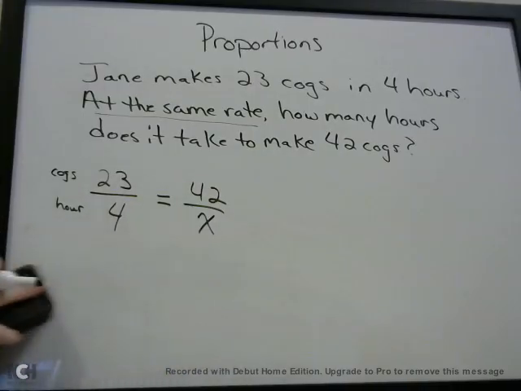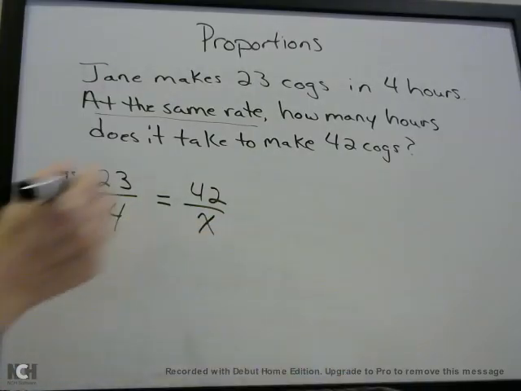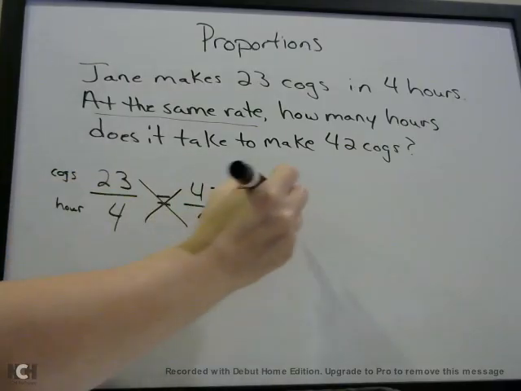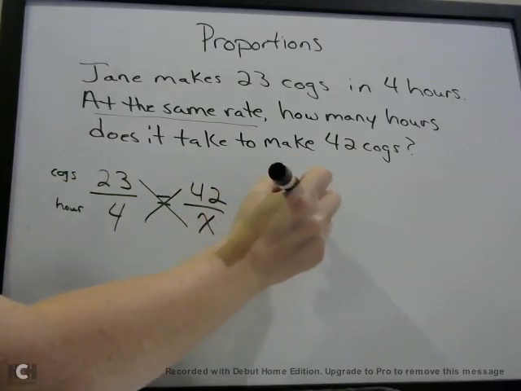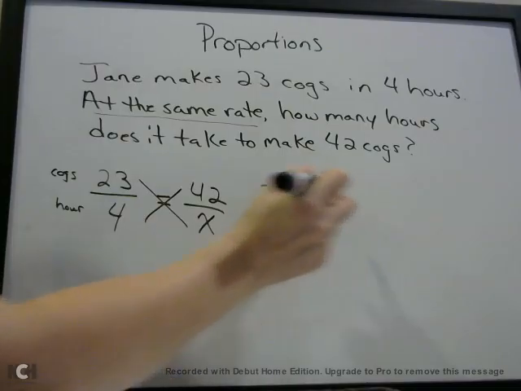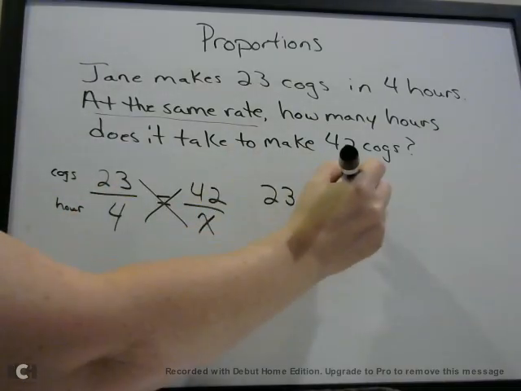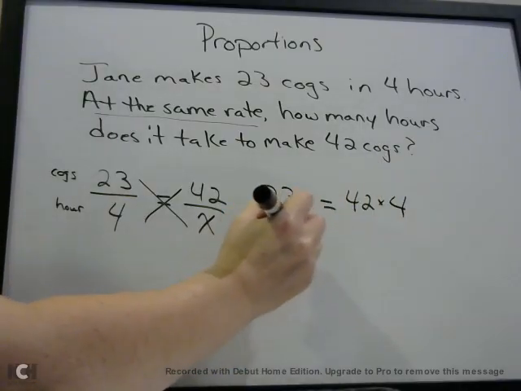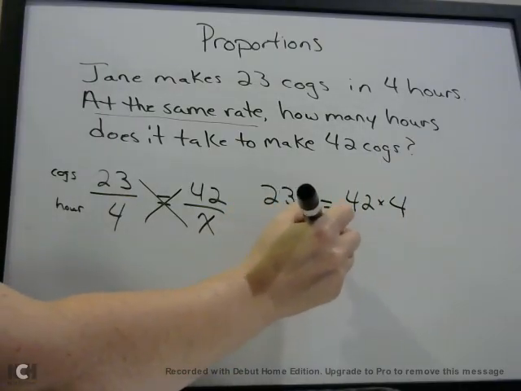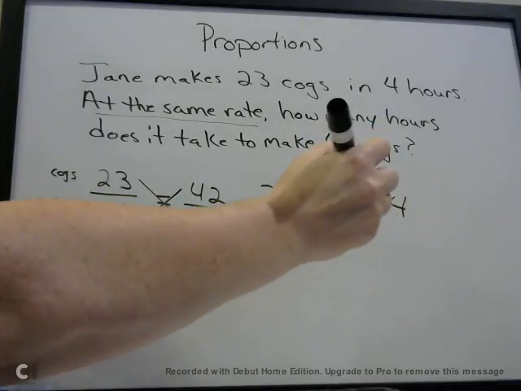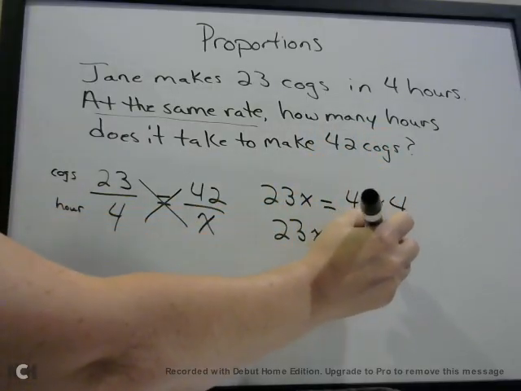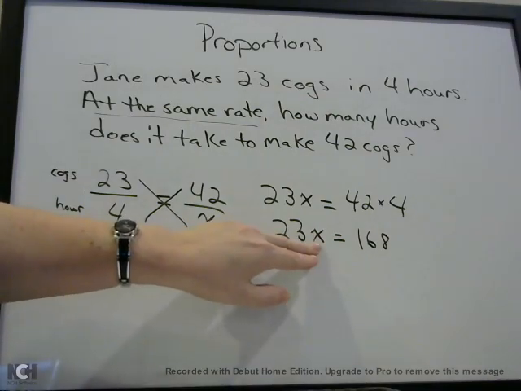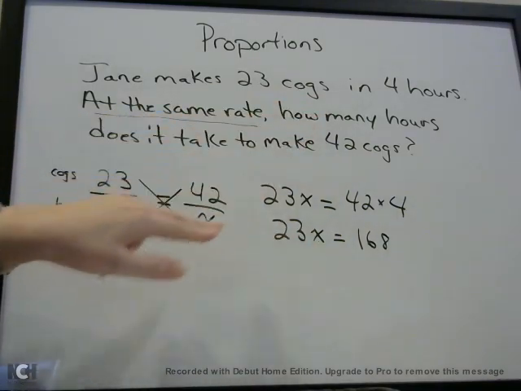So we're just going to do it this way. We're going to cross multiply to solve this problem. 23 times x we can write as 23x equals 42 times 4. 23x equals 42 times 4 is 168. So now we have to solve for x, because remember, how many hours?